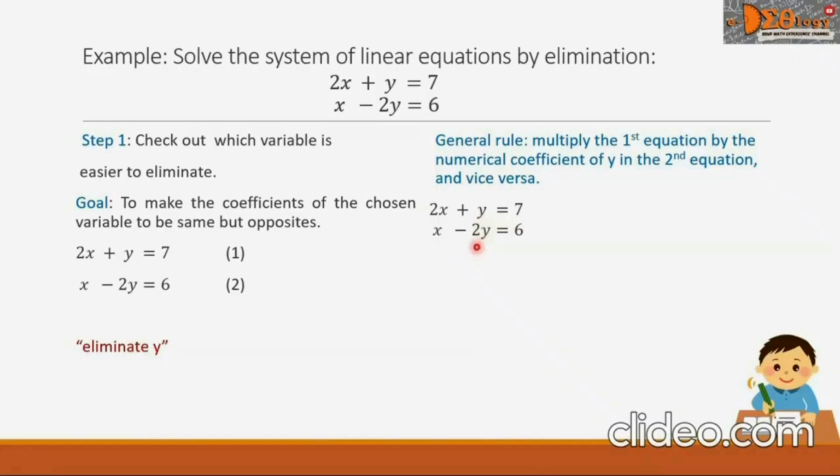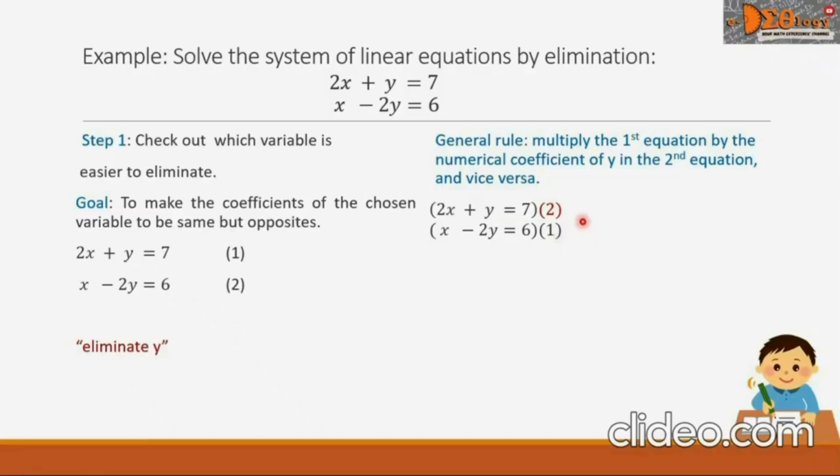And in this case, I will not include the sign. And also, for the second equation, I will multiply this by the coefficient of y in the first equation, and in this case it is 1. So we have now the first equation to be multiplied by 2 and the second equation to be multiplied by 1.